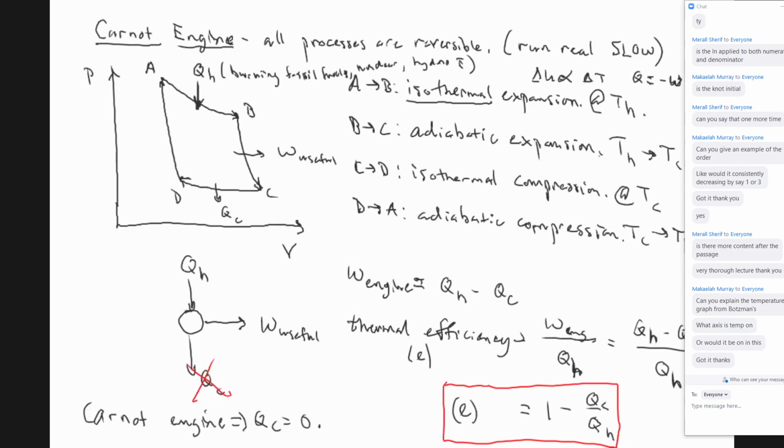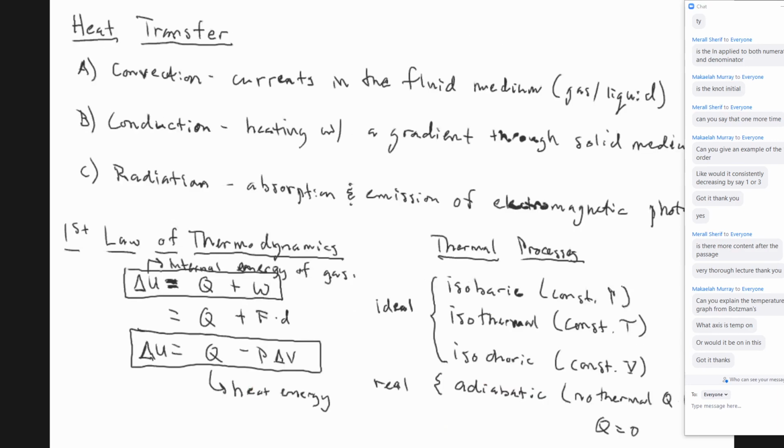This is from the first law of thermodynamics, which we covered right here. So delta U is equal to 0 when you have an isothermal process. Does that answer your question?